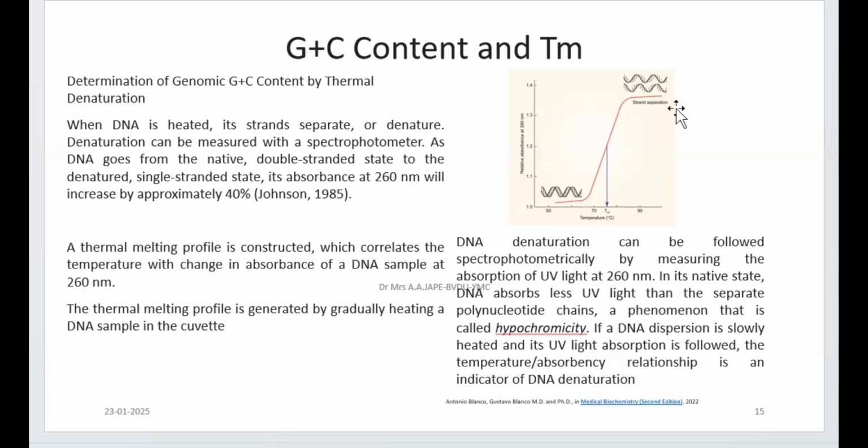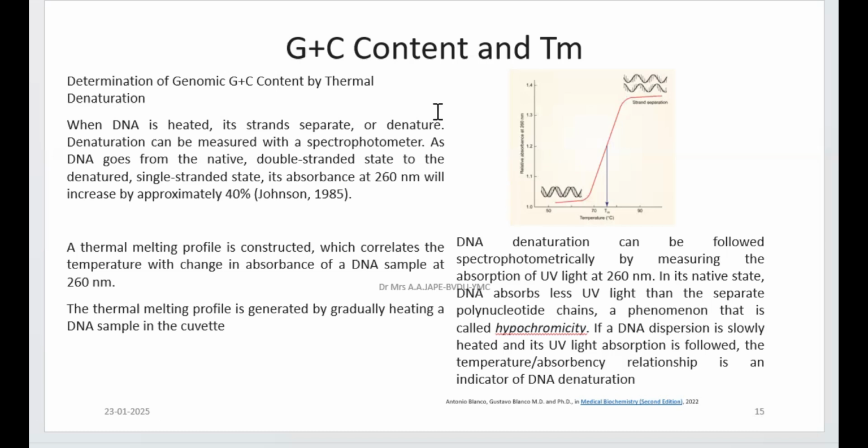Now this entire journey you have to monitor, for which you are going to take help of some analytical tools, and most commonly used is the UV spectrophotometer, because as you know DNA absorbs in the 260 nanometer region, and as the DNA structure gets altered, that is from dsDNA to ssDNA, absorbance properties are going to get changed even though the sequence is the same, right?